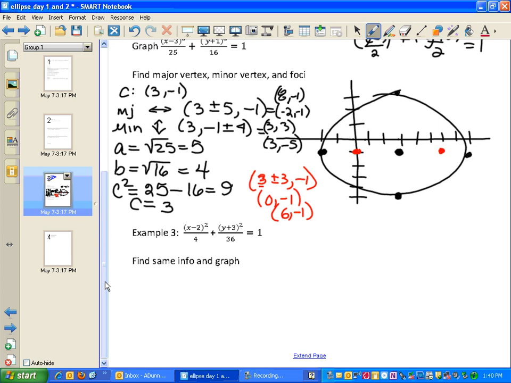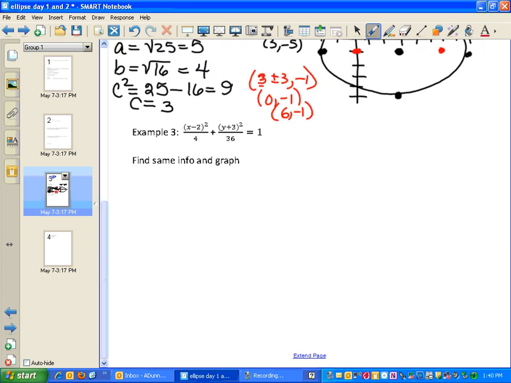Okay, let's take a look at the next one. What's my center? My major axis, left, right, up, down. Are we okay with that? Which tells me my A is what? Okay, stop me if you don't understand what I'm doing.